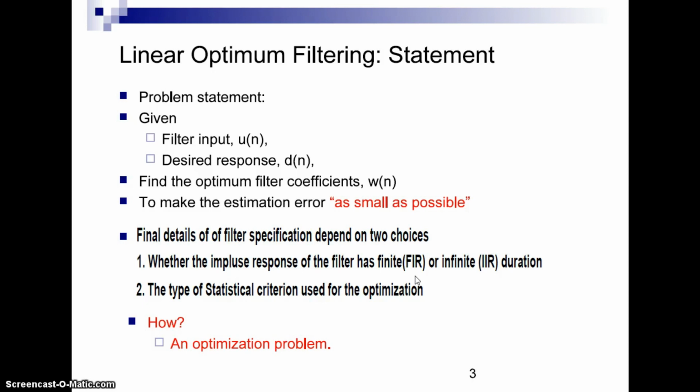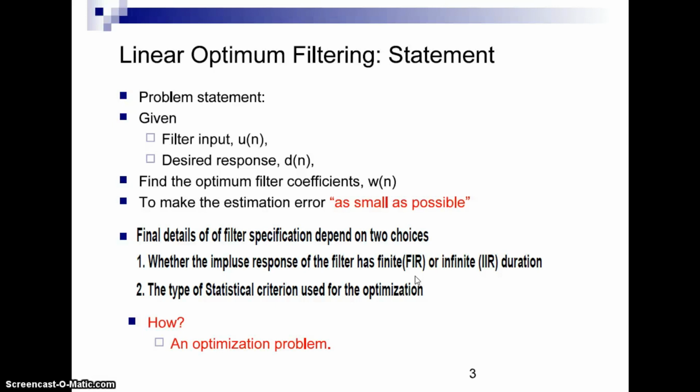Then when the filter is required to be adaptive, our course is adaptive signal processing, the inclusion of adaptivity combined with the feedback that is inherently present in an IIR filter makes a problem that is much more difficult to handle.